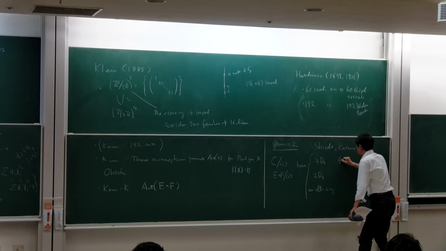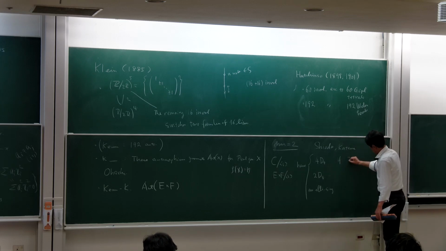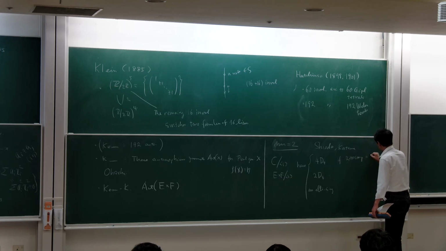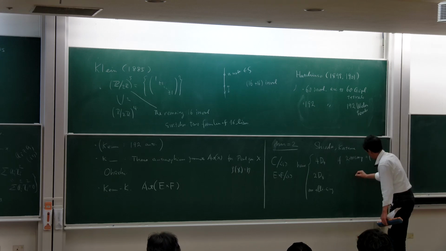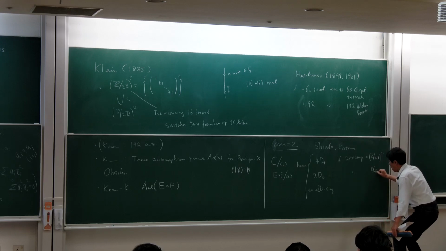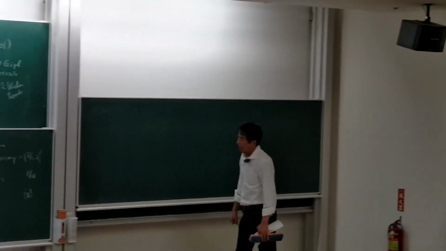So if the 2-torsion group is G over 2G, and this is the same as G over 2G, or only 0, only 1.